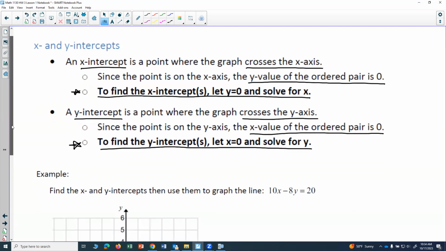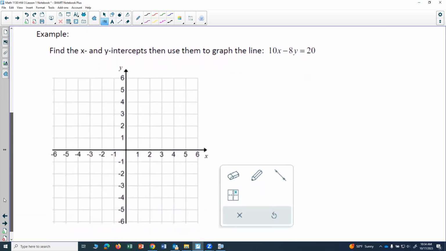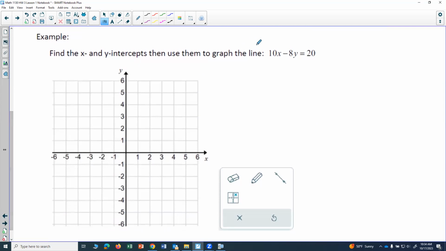Let's look at an example. We want to find the X and Y intercepts and then use them to graph the line 10x minus 8y equals 20. I'm going to do the X-intercept first.